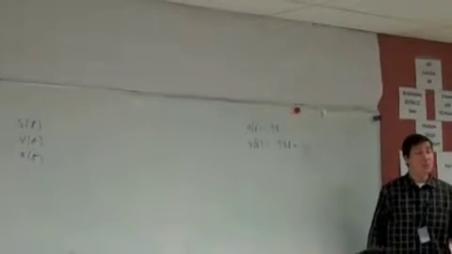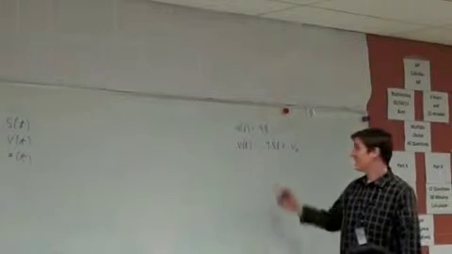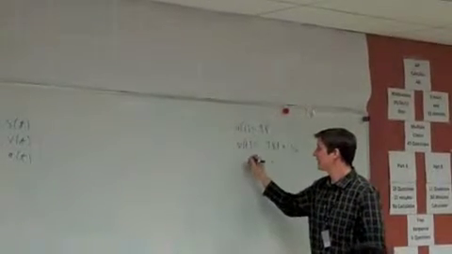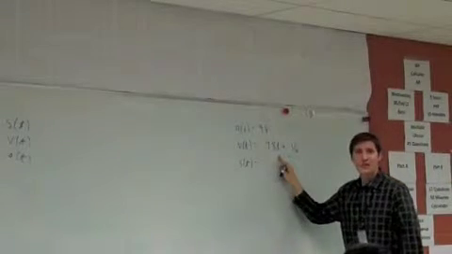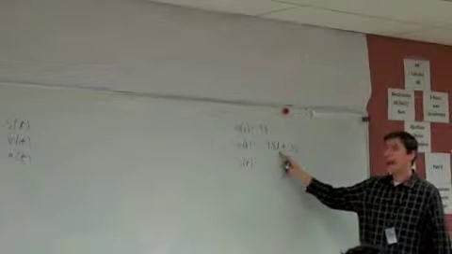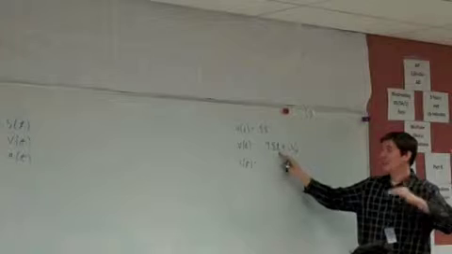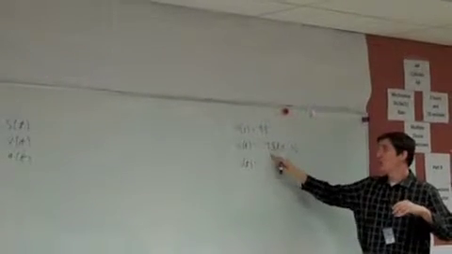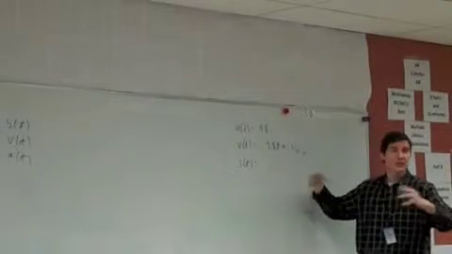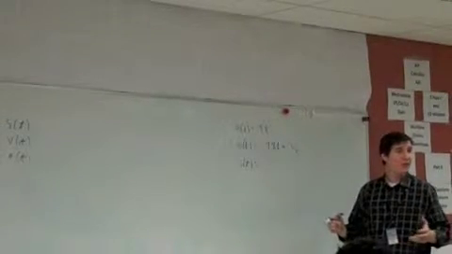Position would be the antiderivative of this. Well, this one's a little trickier. How can I figure out what this had to have been in order to get a t here, if I take the derivative? Yeah, it had to be a t squared. So what do I have to do to this number? You have to half it. Does that make sense?